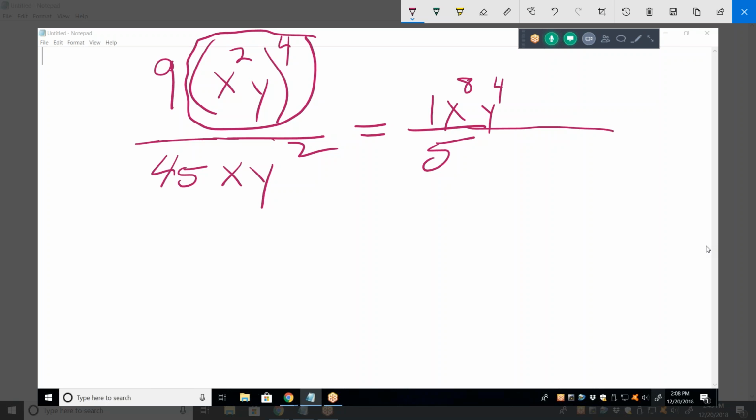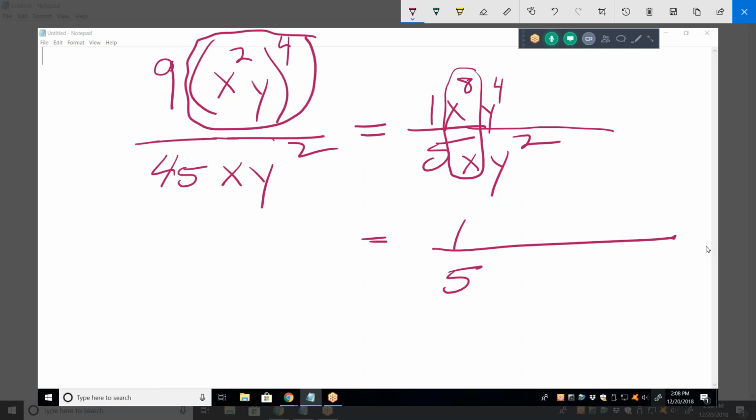And the denominator, we'll just write it like that for the moment. Okay, so we've simplified the numbers. We've gotten rid of the parentheses in the numerator. Now let's simplify the x's. We still got the 1 and the 5. What is this? X to the 8th divided by x to the 1st. What do you do when you're dividing? What do you do to the exponents?